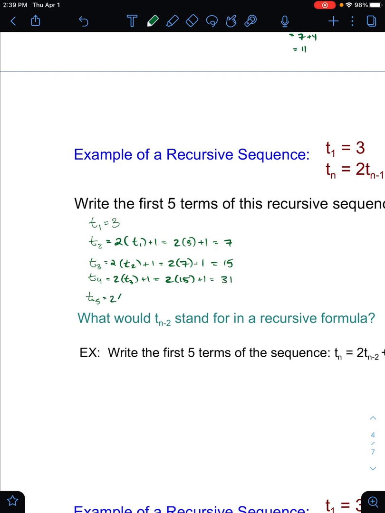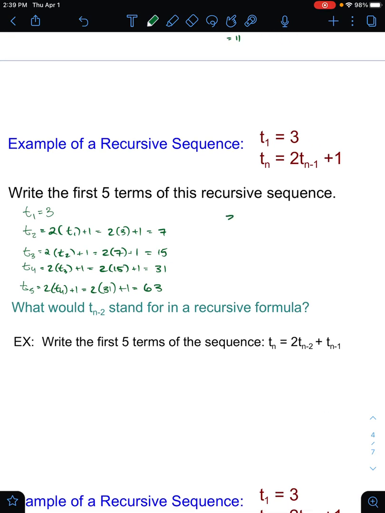And t sub 5 is going to be 2 times t sub 4 plus 1, which is 2 times 31 plus 1, which is 63. So our sequence so far is 3, 7, 15, 31, 63, and so on. Dot, dot, dot means and so on.